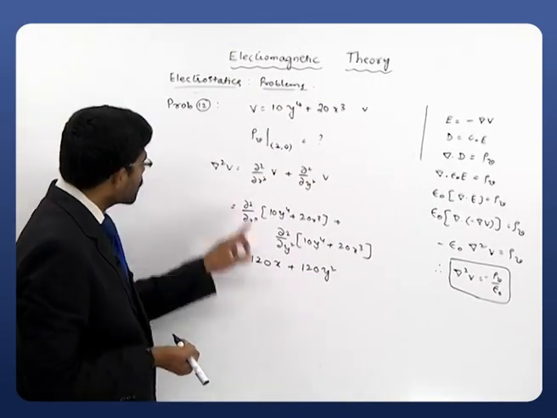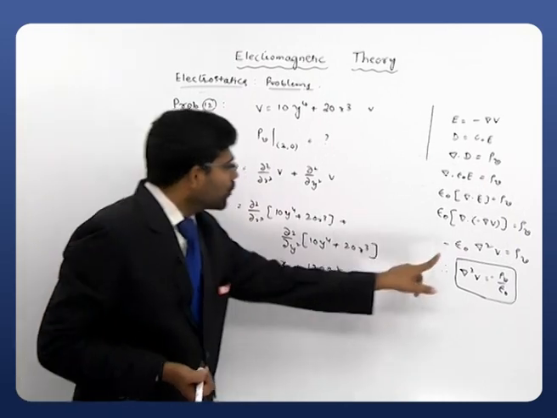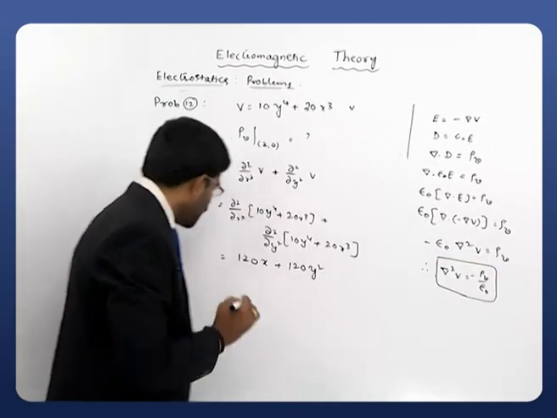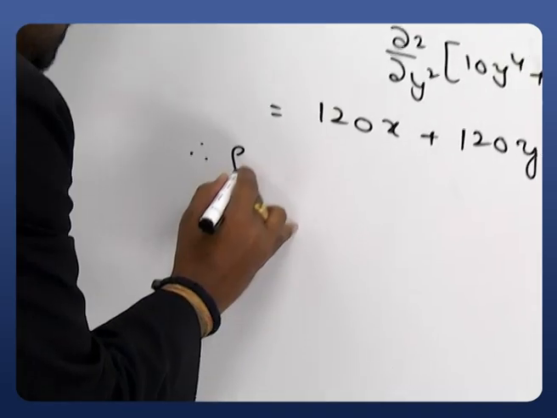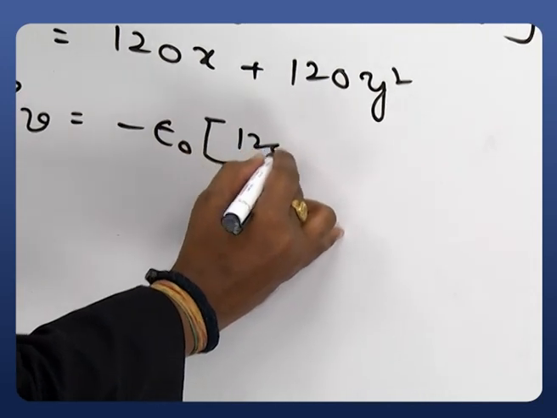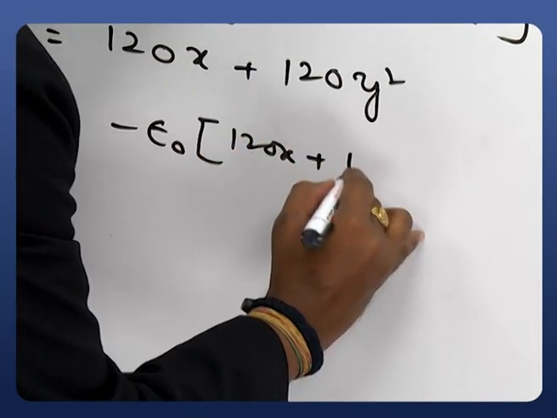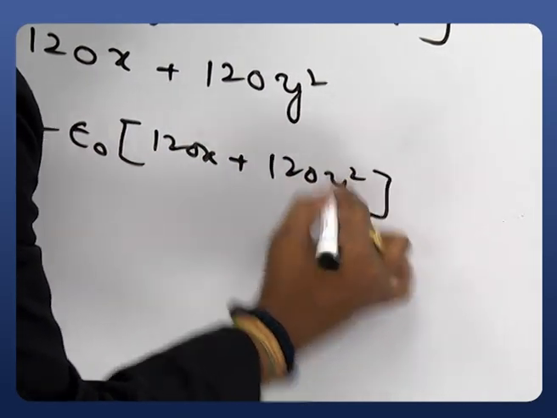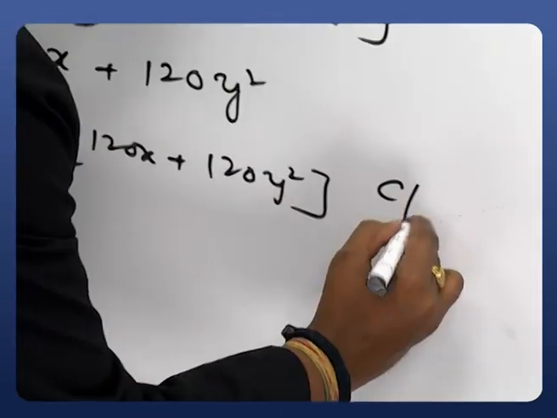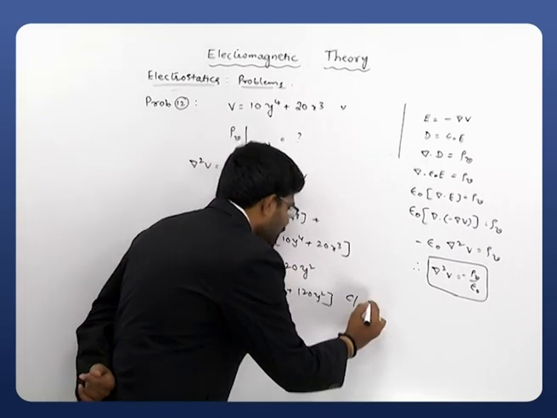So simply this is the equation for del square V, but what we require is minus epsilon naught del square V for rho V. Therefore now rho V is equal to minus epsilon naught times of 120x plus 120y square. This is a simple value. What are the units of this one? Coulomb per meter cube, as it is a volume charge density.